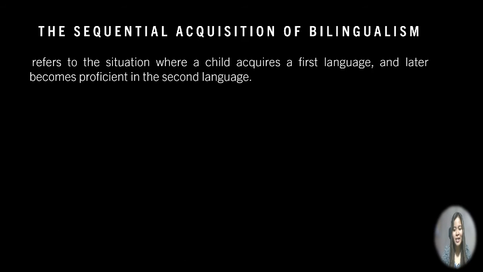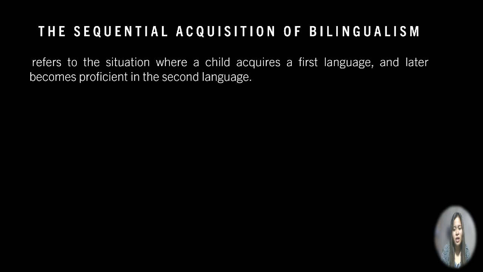We are now in the second type or pattern of the acquisition of bilingualism, which is the sequential. Sequential acquisition of bilingualism refers to the situation where a child acquires a first language and then later becomes proficient in a second language.